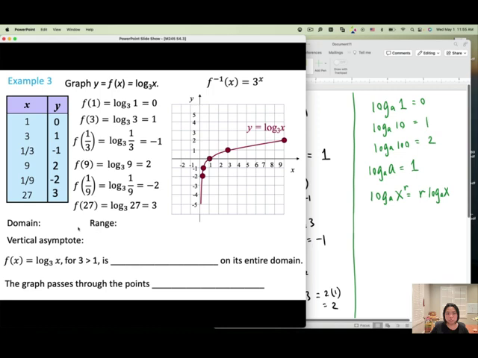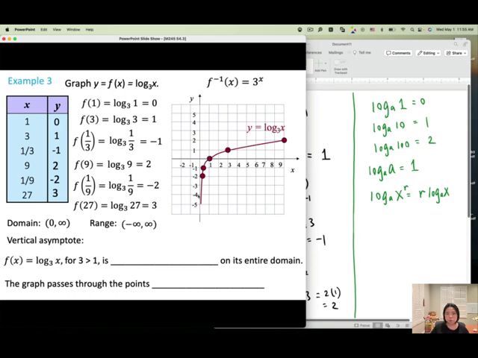Okay, try. Write it down. What is your domain, the range? What is the vertical asymptote? And for this graph, is it going to be increasing or decreasing? Okay. For the domain, that will be from 0 to positive infinity. Range will be from negative infinity to positive infinity.